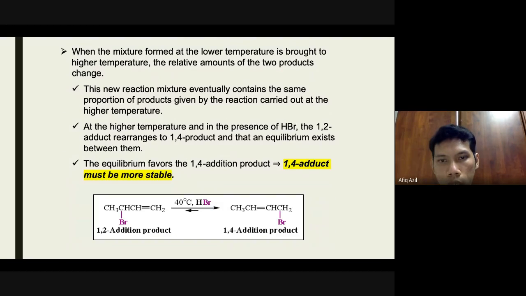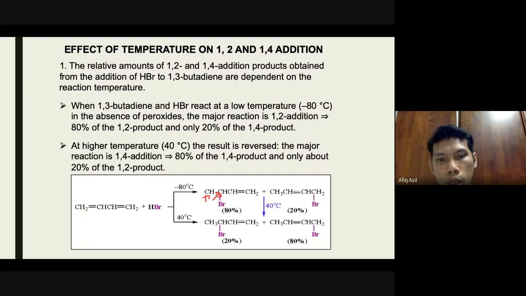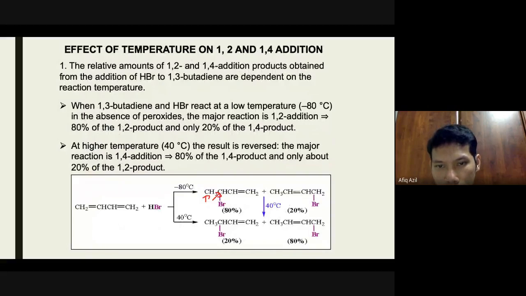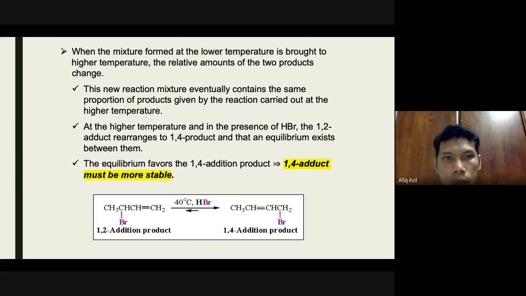In fact, let's say once you have this product and then you increase the temperature, the new reaction mixture will eventually contain the same proportion of products given by the reaction carried out at the higher temperature.